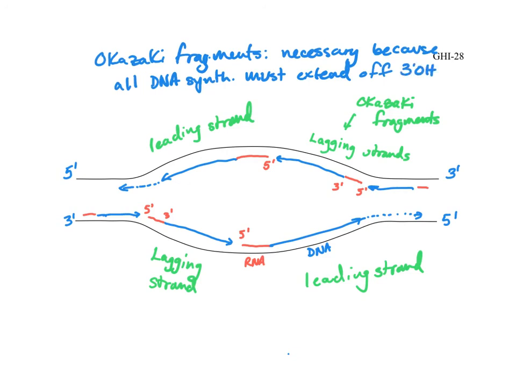So all of the DNA synthesis we have, whether it's leading strand or lagging strand, is proceeding in the 5' to 3' direction, and that allows us to get all of it copied, at least into RNA and DNA. We'll take care of the other problems I mentioned on the next video.